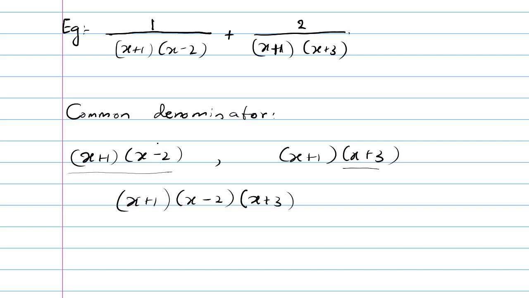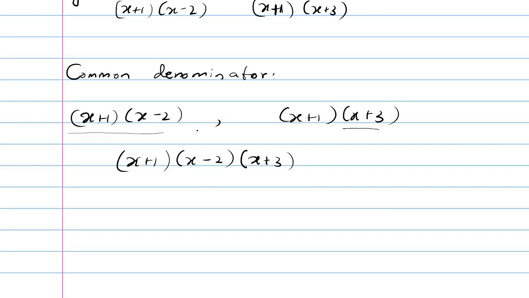So it's not merely multiplying out the two denominators. If we had done that, you would have an (x plus 1) squared here, because you have an x plus 1 and x plus 1. So it's a little bit subtle. You just take all the denominators together. Okay, fine. So we have this common denominator.